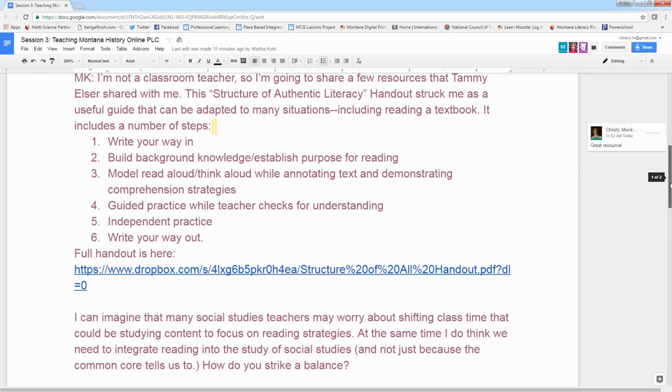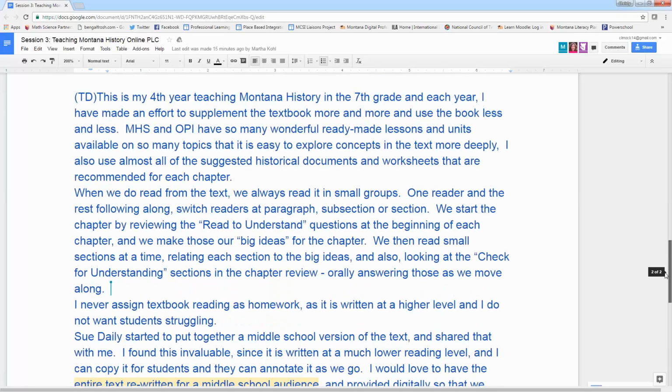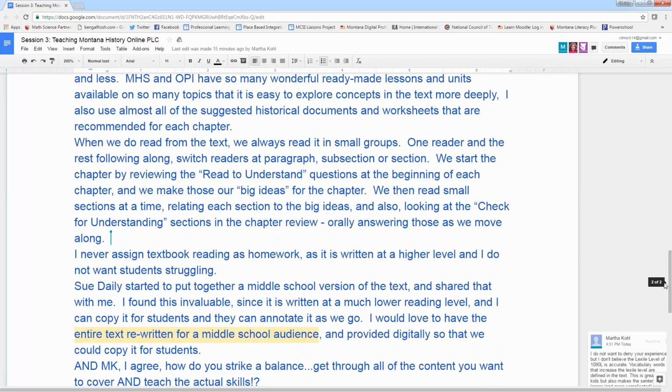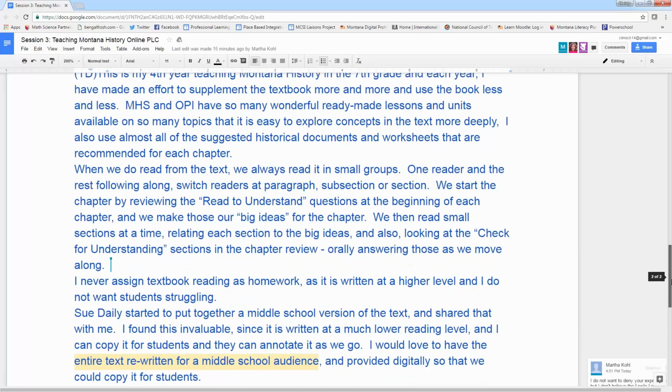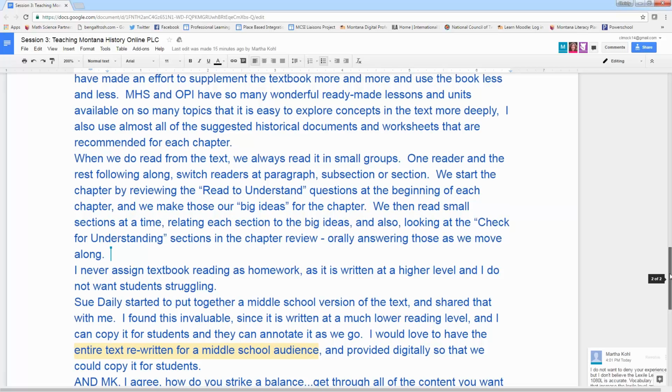Also we have some responses, and one common theme was, how do you find the time? How do you make sure that students are understanding and comprehending what they're reading without overwhelming them, yet keeping that challenge? I think there are some really great answers in here.